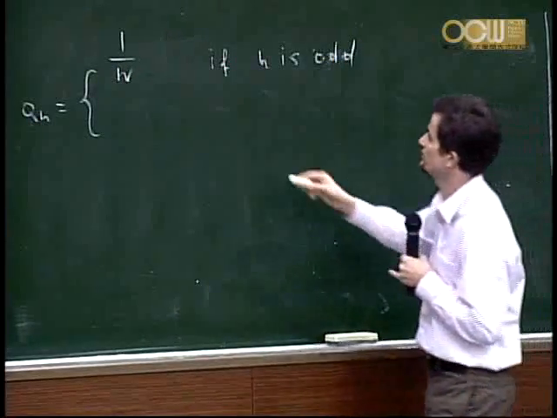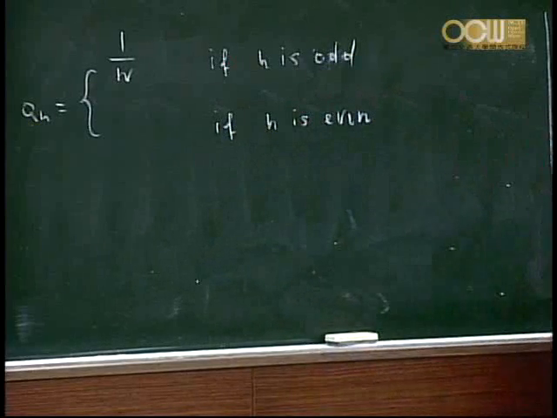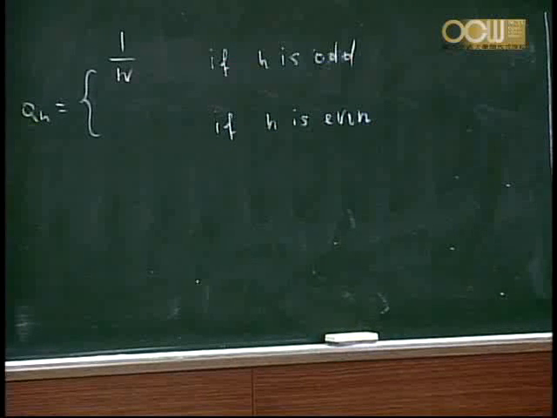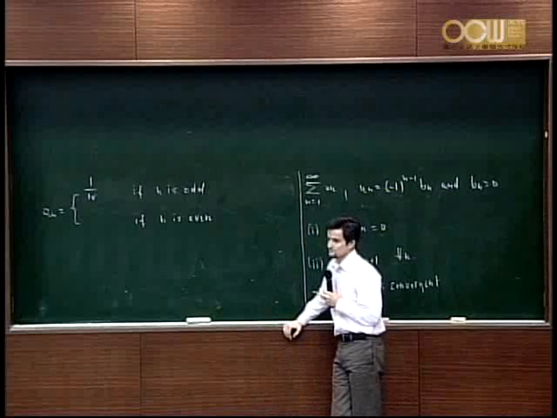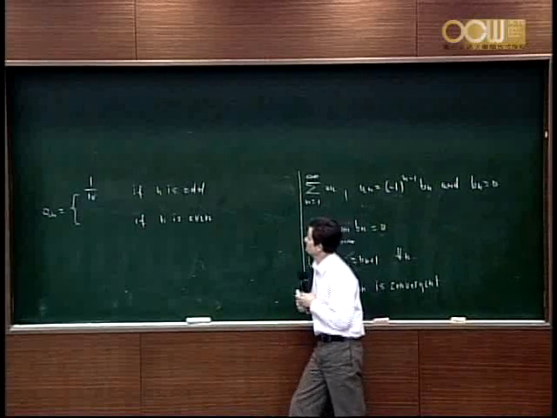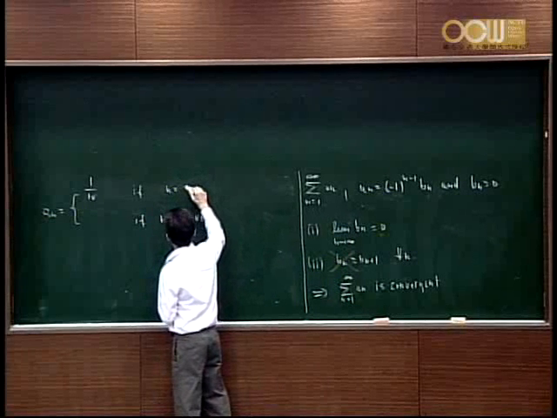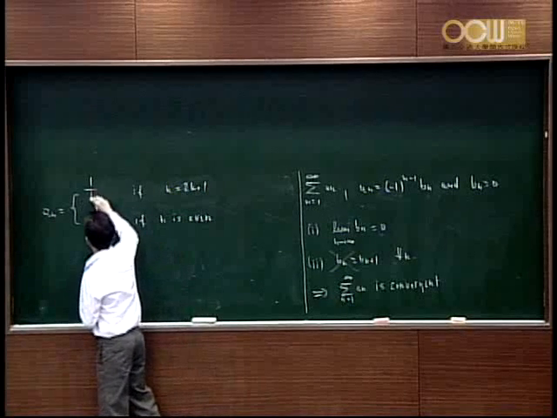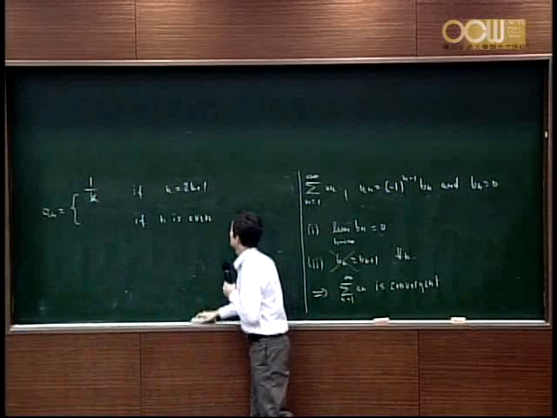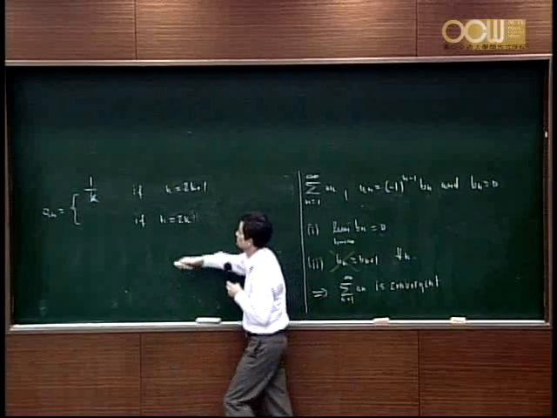And if n is even, who has an idea what to choose? Sorry, this is maybe wrong. So if n is 2k plus 1, what you choose is 1 over k. And if n is even, 2k, what you choose is 1 over k squared.